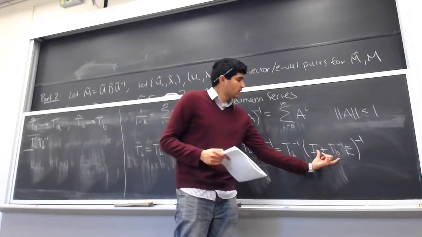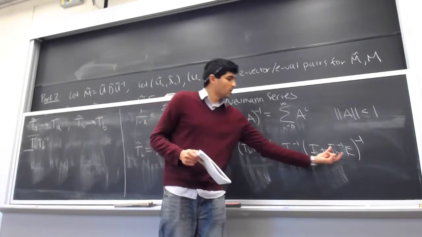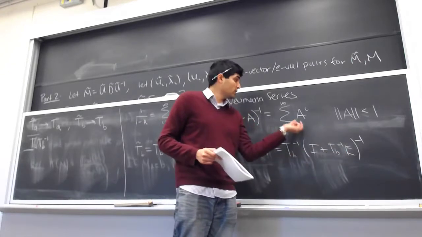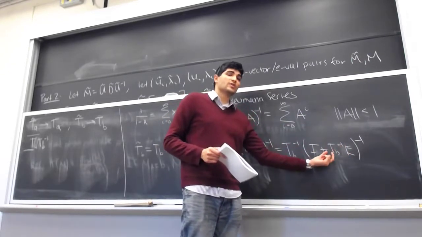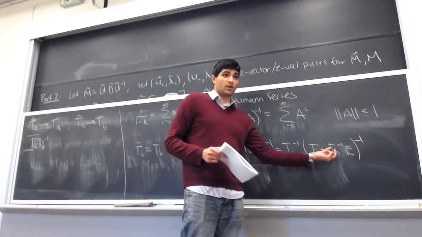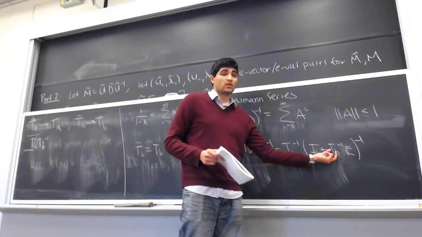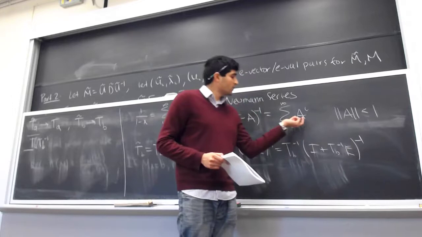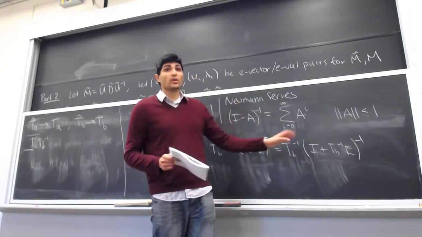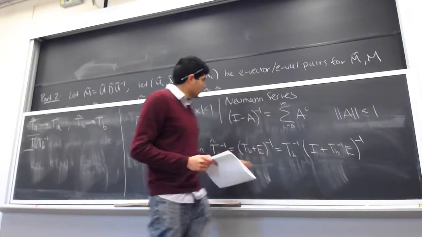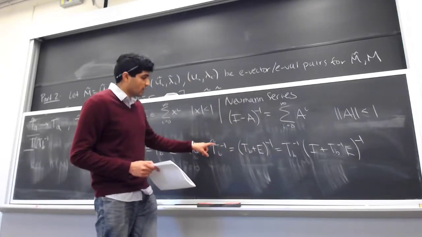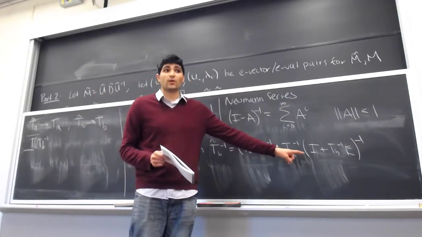So the key point is that when you look at this series and you plug in this term for A in here, well, if E is small enough, and now that also depends on what the minimum singular value is for TB, then again, only the first term will dominate, which is the I term. So what that'll tell you is that TB tilde inverse converges to TB inverse.